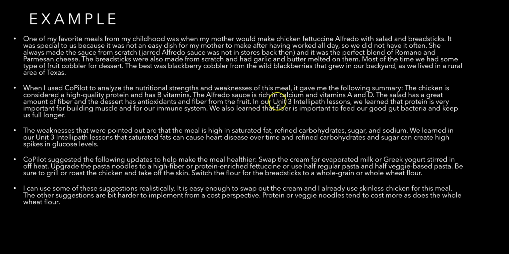I also included what we learned in our Unit 3 IntelliPath lessons, the weaknesses part, and then the updates that I could make, as well as whether it's realistic or not. So you can see there's a couple of sentences for each one of those 4 questions. So this post is going to be a little bit lengthier than maybe some of your other ones.